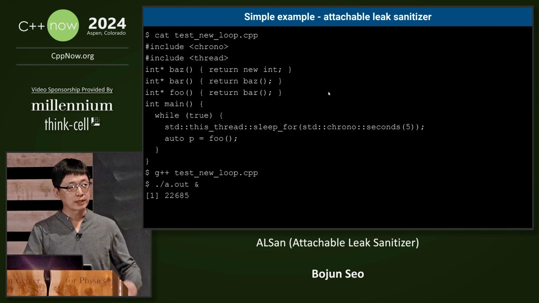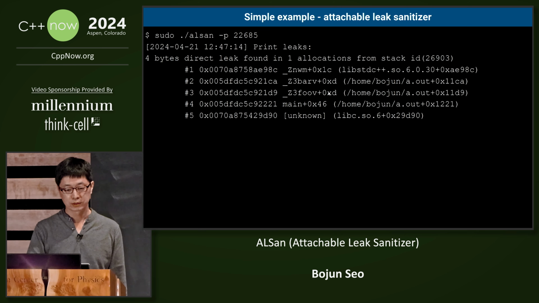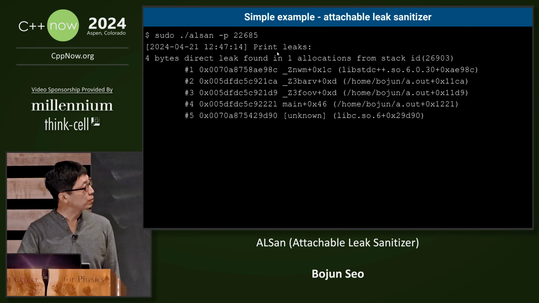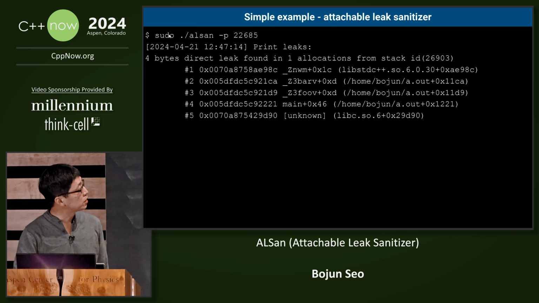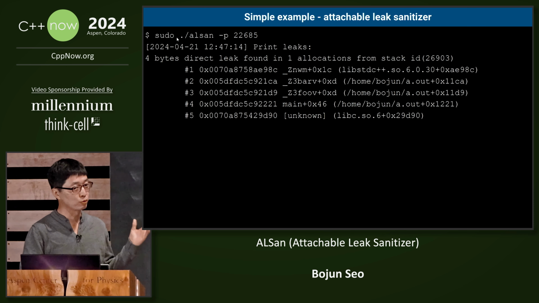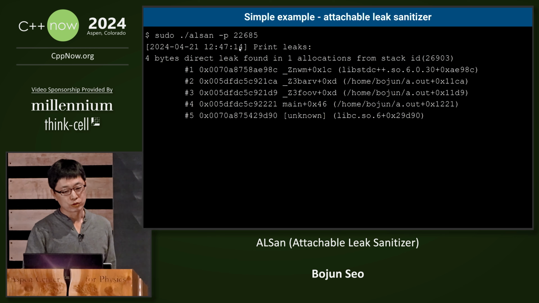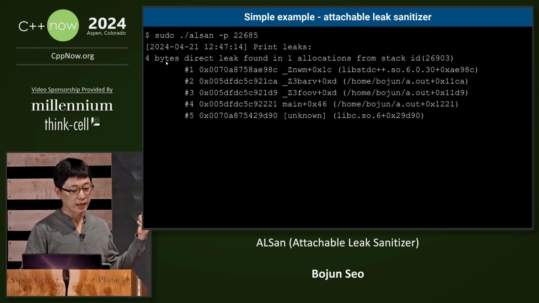And then sometime later, I attach attachable LSan to that process. And here you can see that sudo means it needs root privilege, and you can see that it reports 4 bytes directly, as LSan does.